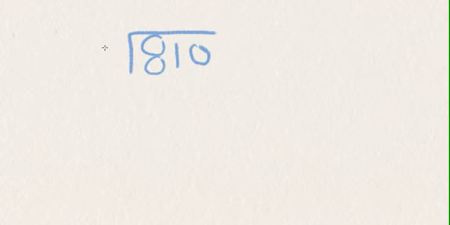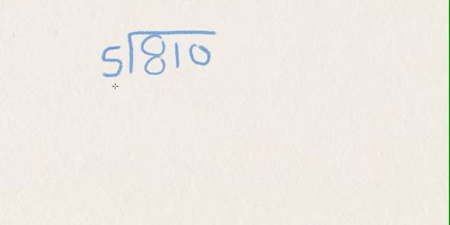Alright, I'm going to set this long division problem up one more time. 810 goes on the inside of the box. The 5 goes on the outside. Let me explain the process to you once first, verbally, and then we'll work through it together.